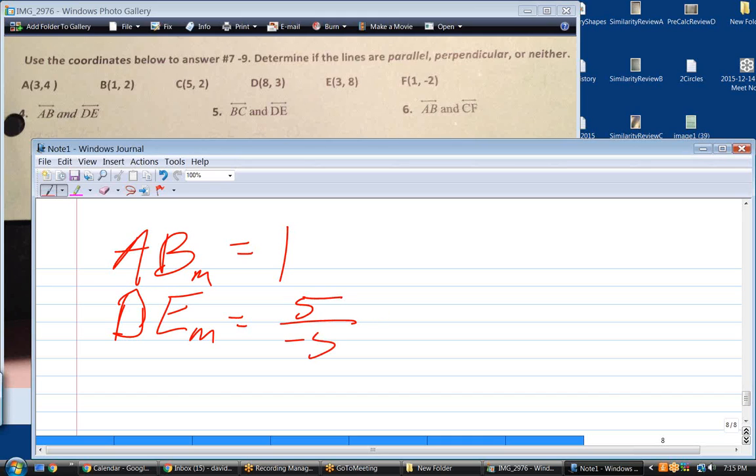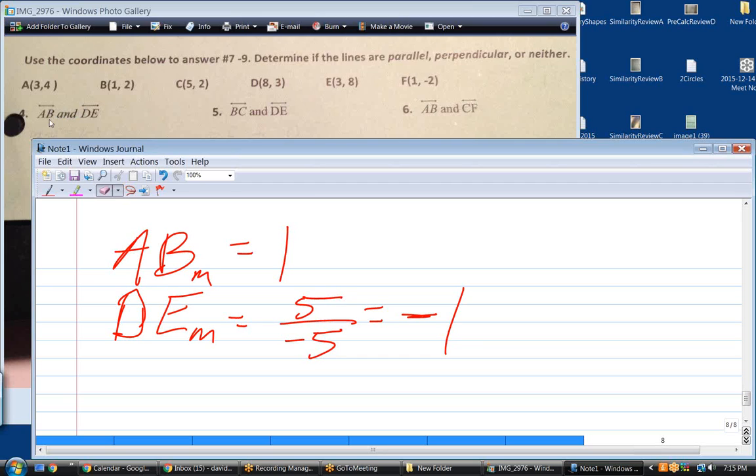Okay, so what's this slope? 1 again? Is that a number divided by itself? No. Okay, so it can't be 1. It's got to be negative. For one thing, when you take a positive divided by a negative, it stays negative. Okay, so it'd be negative 1.